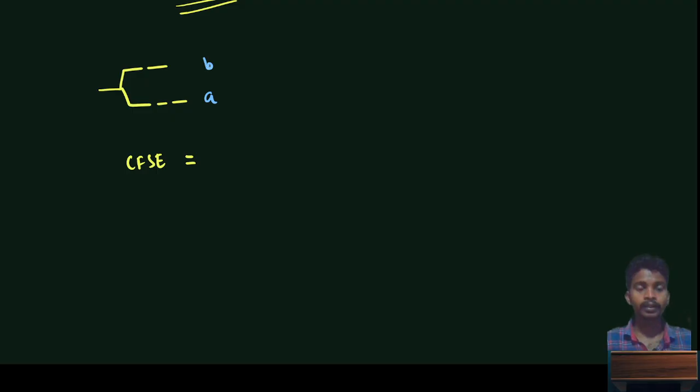Let's say this is A and this is B, with B electrons and A electrons. So we have B into 0.6, plus A electrons into minus 0.4.